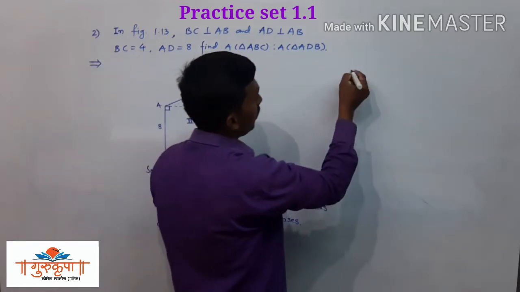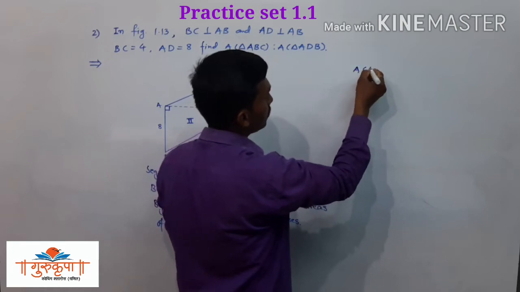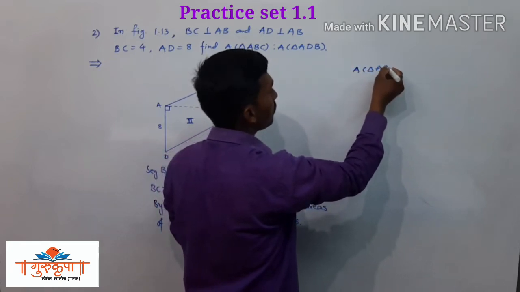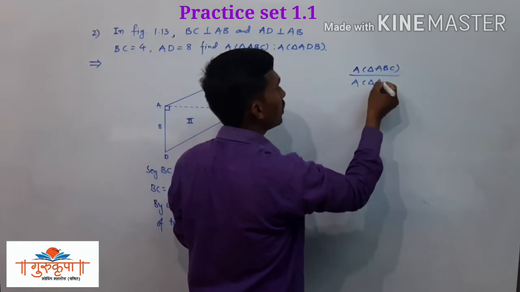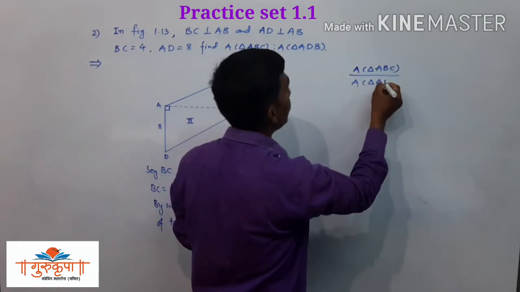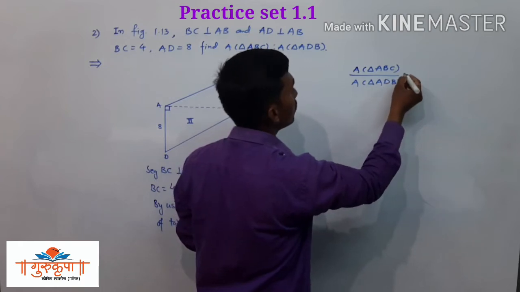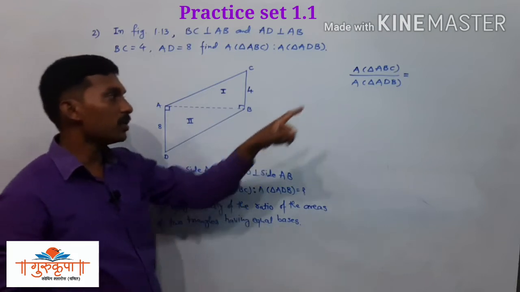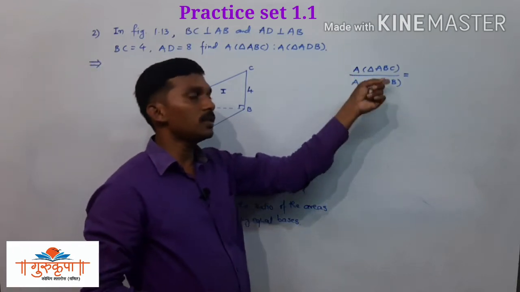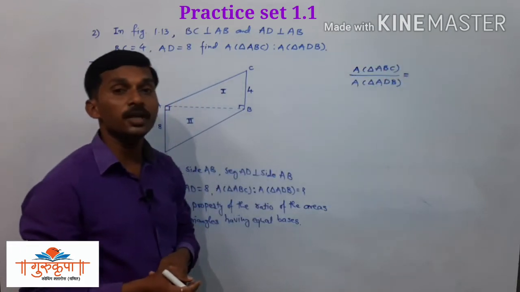That is area of triangle ABC upon area of triangle ADB. It is equal to, since both the triangles have equal bases, the ratio of the areas of these two triangles is equal to the ratio of their corresponding heights.